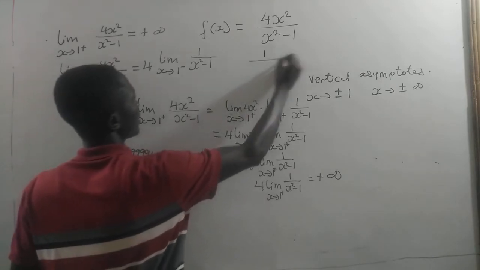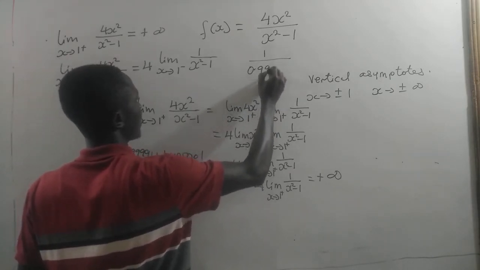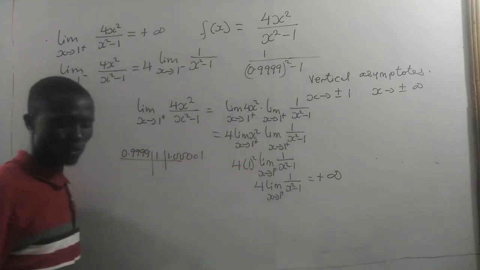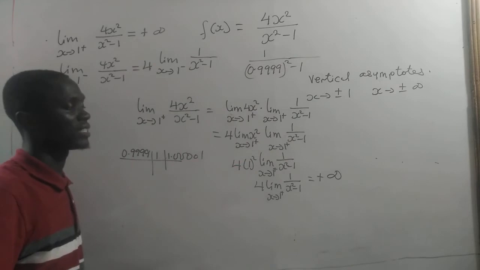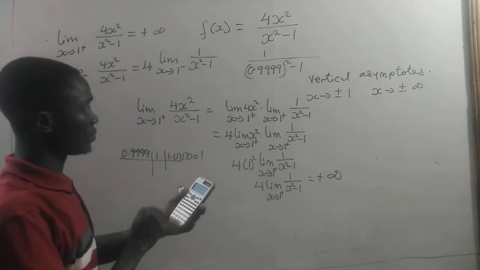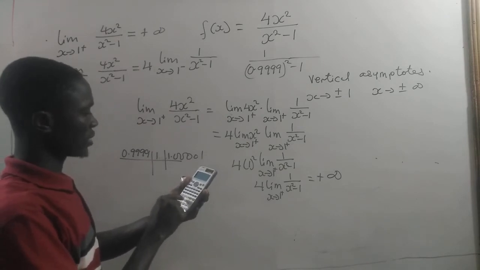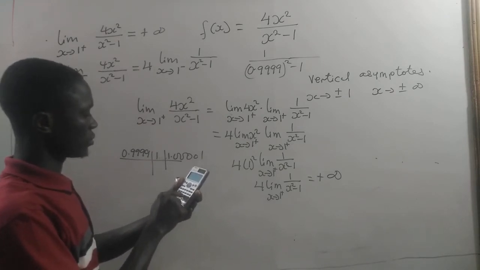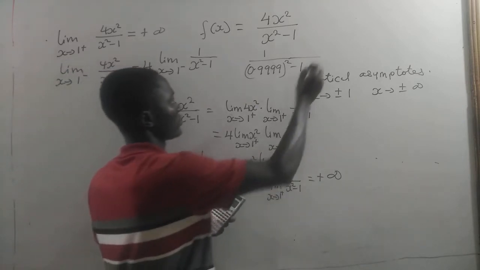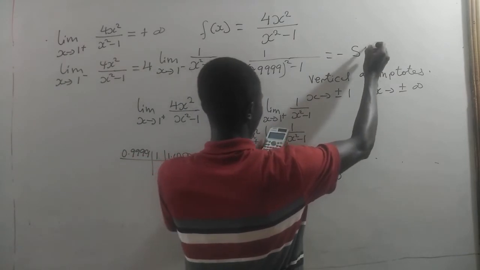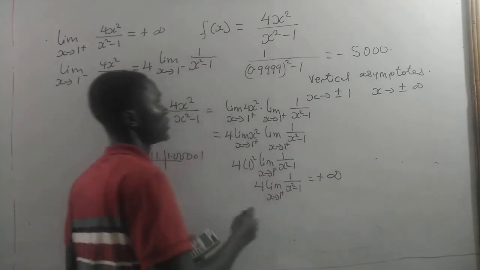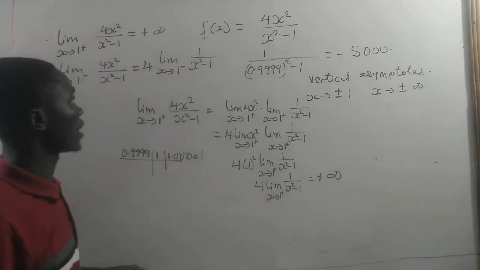If we take 1 divided by 0.9999 squared minus 1, we can take a value very, very close to 1 than what I've taken, like 0.99999, and check. So if we take 1 divided by 0.1234 squared minus 1, we are getting minus 5,000 point something, which means it will decrease without bound.